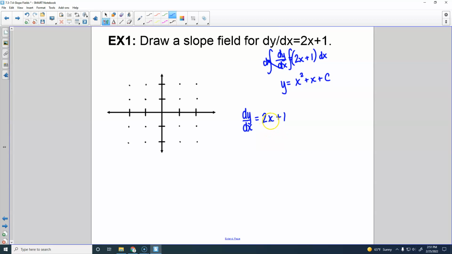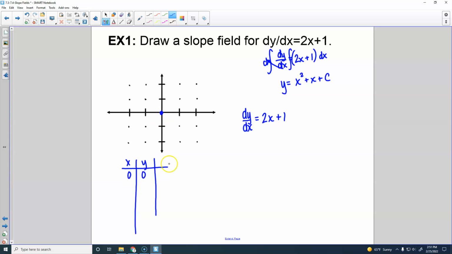So all we have to do here is take these points that we have, all of these points, and plug them in. For example, you could go one by one. I'm going to make myself a table here. If I have x, y, so this is the point 0, 0.